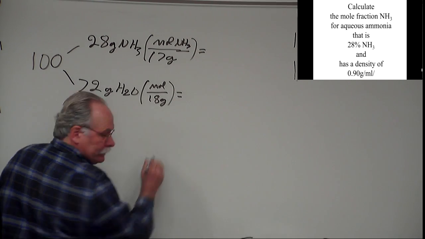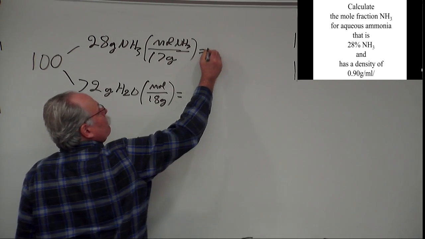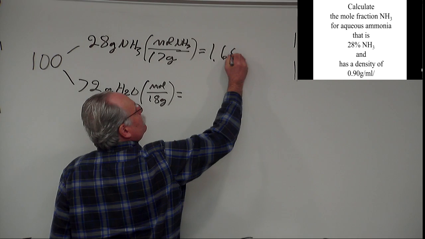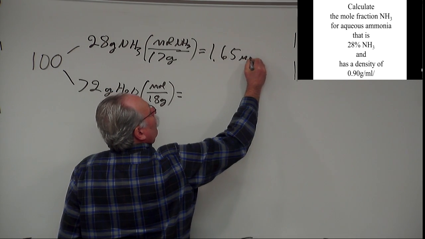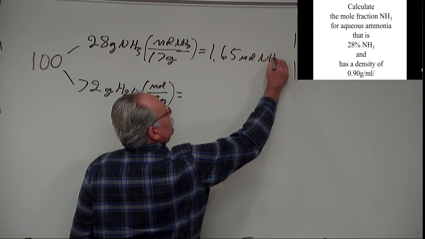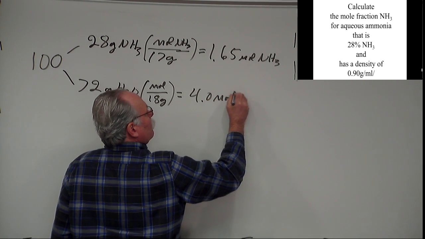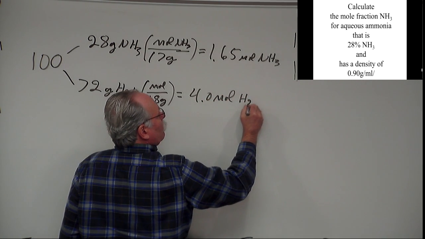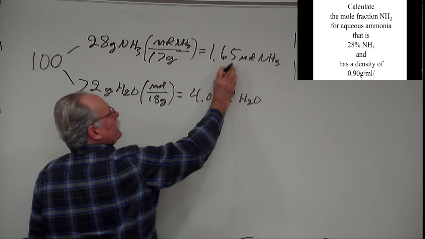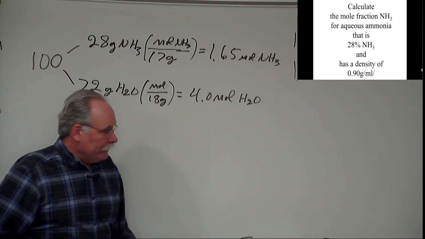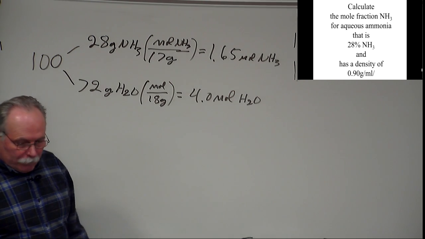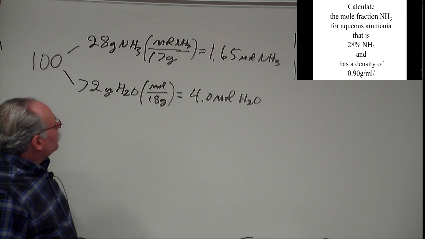Get out my calculator. This is 1.65 moles of NH3. This is 4.0 moles of H2O. That only has 2 sig figs, but I'm keeping it there because it's a 5, and we'll just top it off at the end.